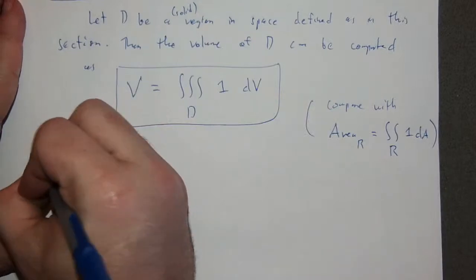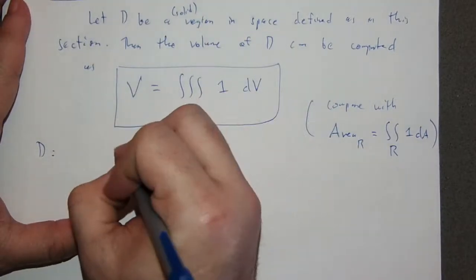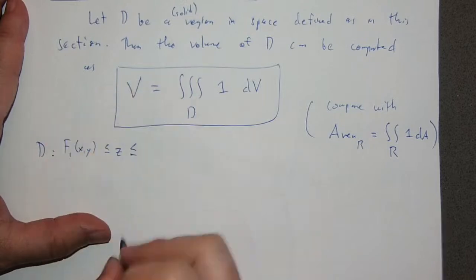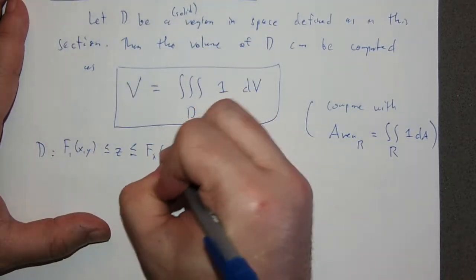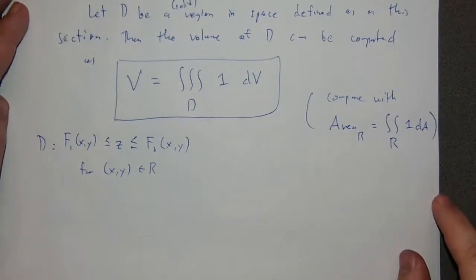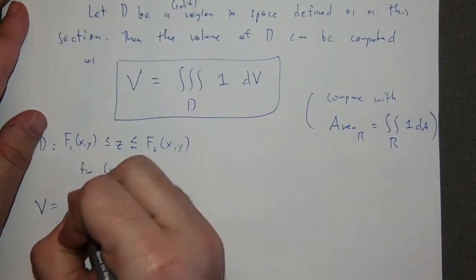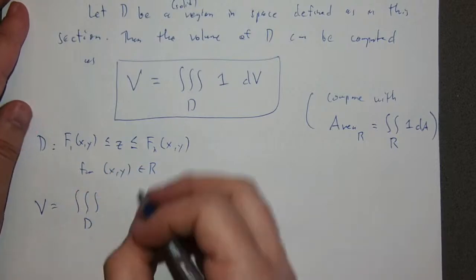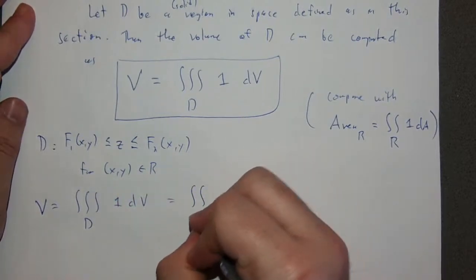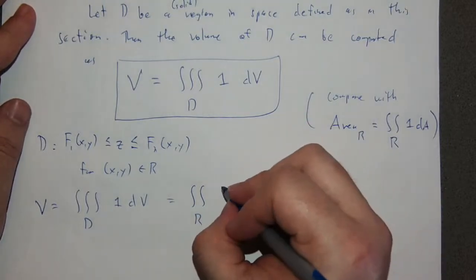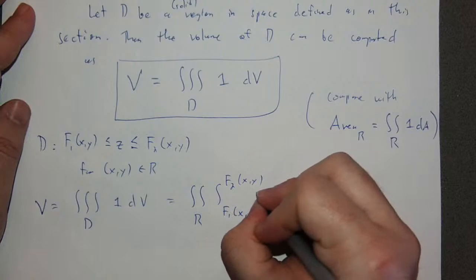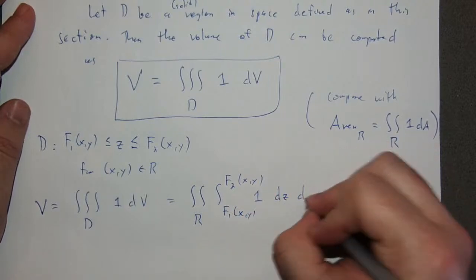Note that if D is seen as usual as the region bounded above and below by two functions, we'll say the lower function is big F sub 1 of x, y to big F sub 2 of x, y, for x, y in some region R, then this volume is my triple integral over D of 1 dV, but really this is the double integral over R of the integral from big F sub 1 of x, y to big F sub 2 of x, y of 1 dz dA.